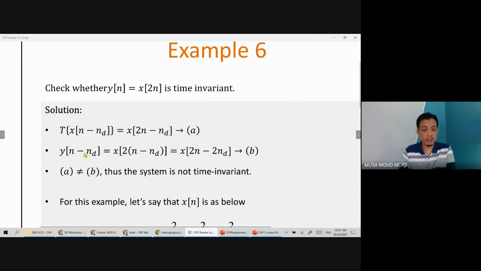The second test is whatever n you see, replace it with n minus nd. So this is what you get: 2 times n minus nd, so it becomes x[2n minus 2nd]. When we compare, this is not equal. This one is just nd, but this is 2nd. Then this system is not time invariant because it is not the same.